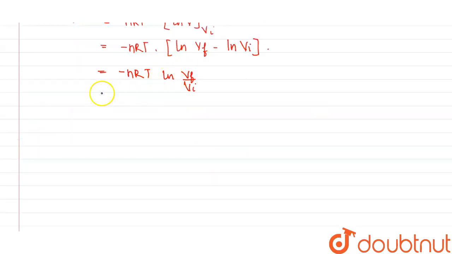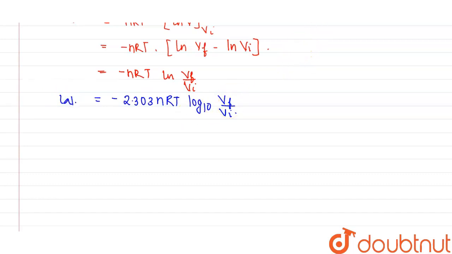Now we will remove this ln and convert to log base 10. So it will be minus 2.303 nRT log base 10 of Vf by Vi, and this is the work done by the gas.